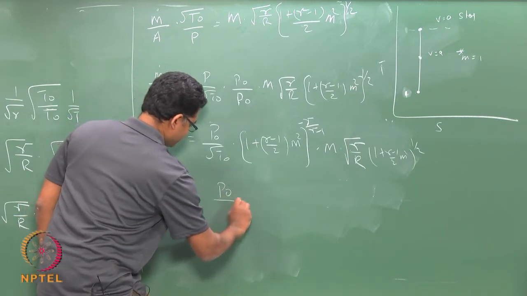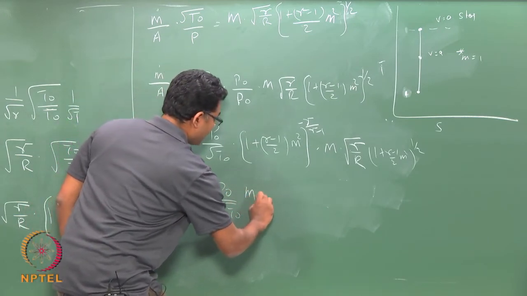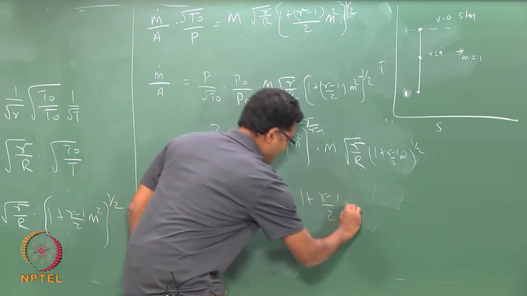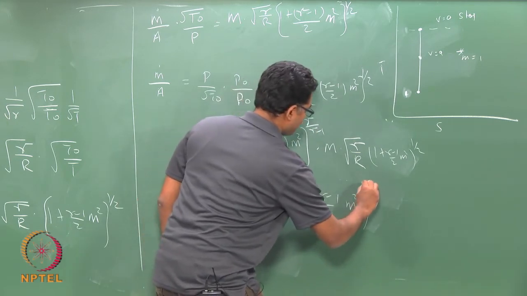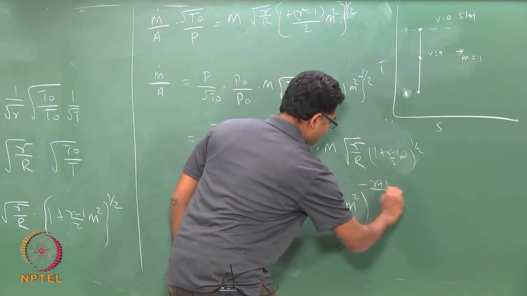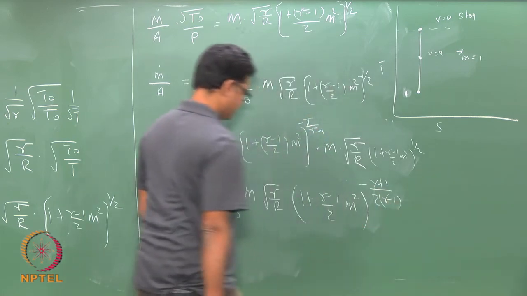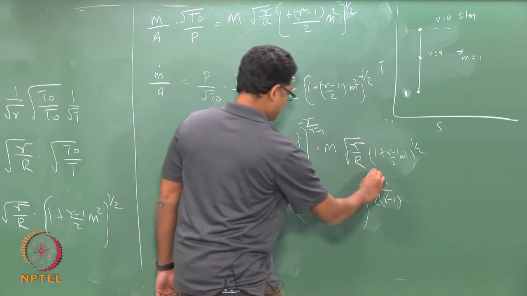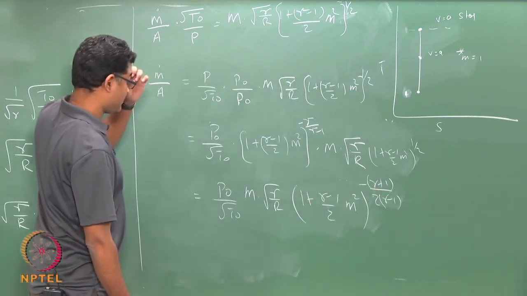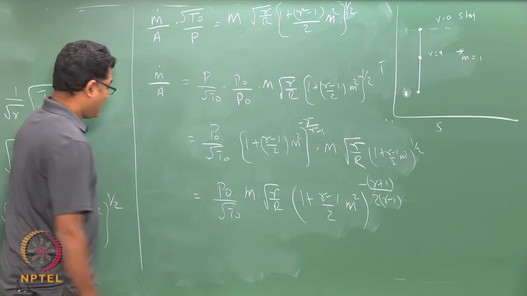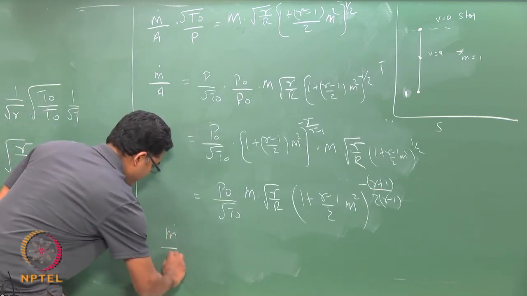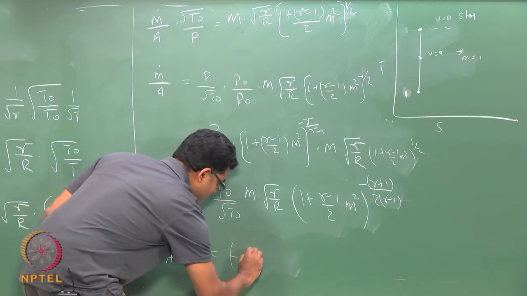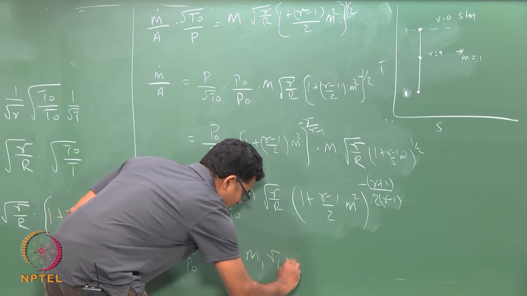So this I will reduce to P0 by root T0 M root of gamma by R, 1 plus gamma minus 1 by 2 M square to the power minus gamma plus 1 by 2 into gamma minus 1. So my M dot by A into root T0 by P0 equals a function of M, gamma and R.